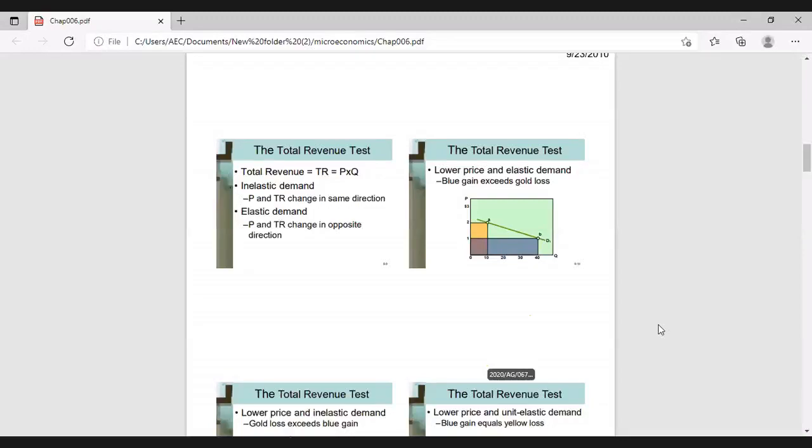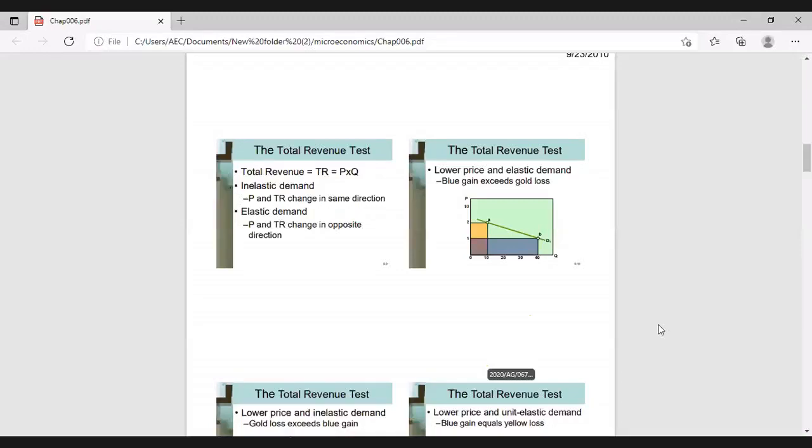For some other products, when the price increases, we don't buy now. So that will be a relatively large response to the price change. If that commodity is not essential, then when the price increases, we reduce the purchase a lot, but if the price decreases, we will buy more.